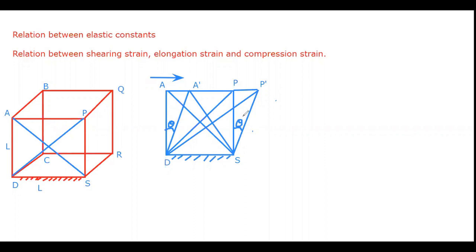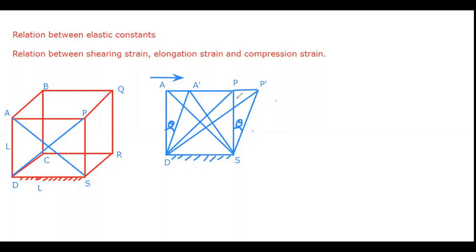We can also notice that the diagonal AS is now shrunk to a diagonal A dash S, and the other diagonal DP is elongated, I mean stretched, to a length DP dash. So these elongation and compression take place at right angles to each other.